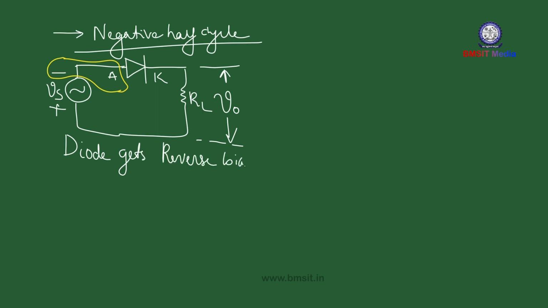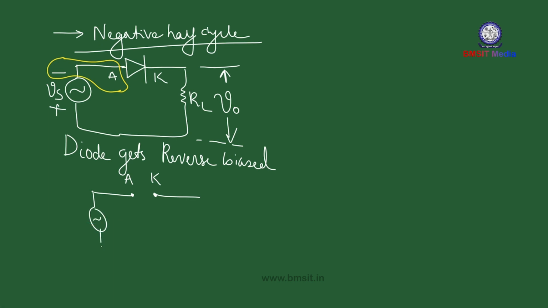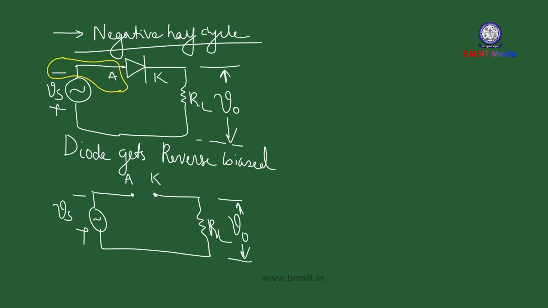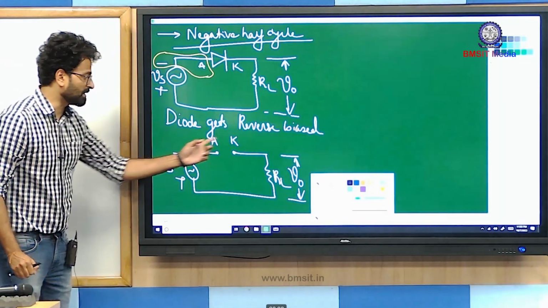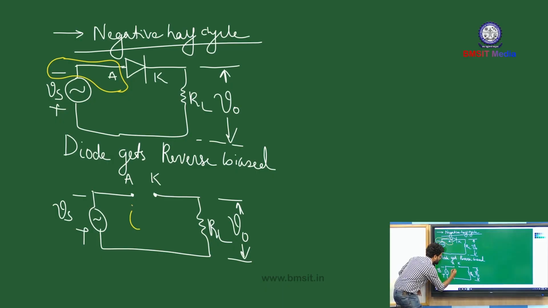And what are we going to do when the diode gets reverse biased? We replace the diode symbol with an open circuit equivalent. So between anode and cathode, there is no interaction. It is as good as an open switch or open circuit. Source, load, and this is your output voltage V0. As you can observe, there is an open circuit in this case, so the current is 0 amperes.